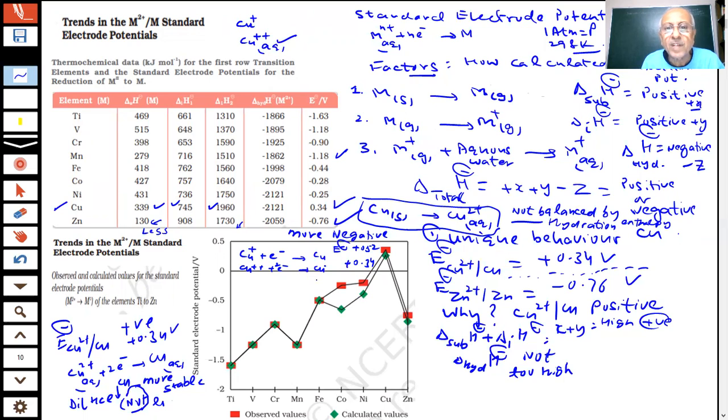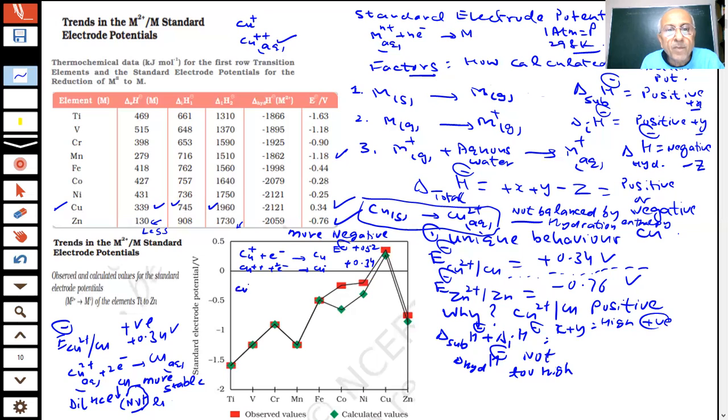Therefore, what is the story here? The plus two state is more stable than the plus one state. So copper is more stable in which state? In the plus 2 state, because this value of the reduction potential is lower.